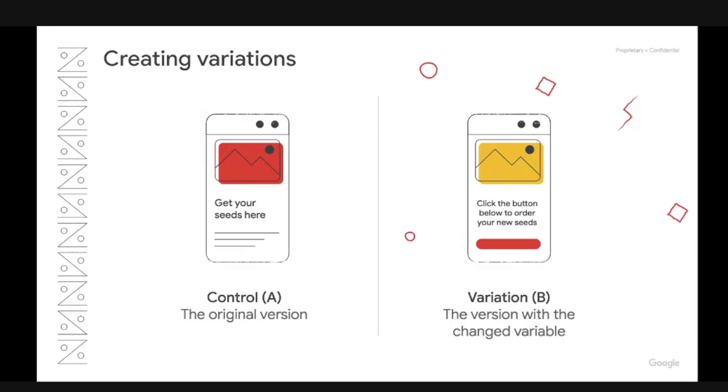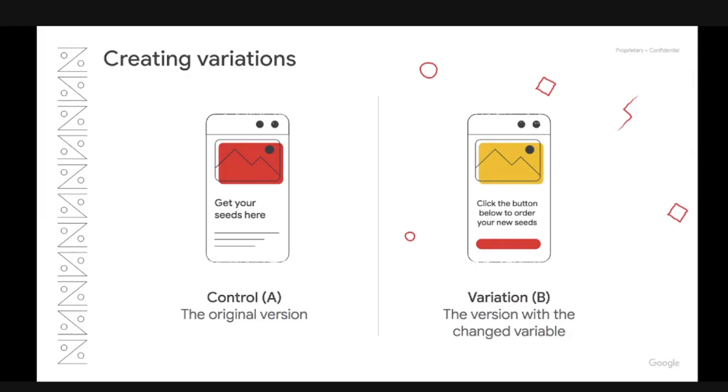So you've got a control A and a control B. Usually here what happens is control A is going to be the original version. You're using this as a baseline to be able to compare the rest. So if you're going to have variable A, B, C, it's up to you. But try to work with variables that you can manage in terms of workload, right?